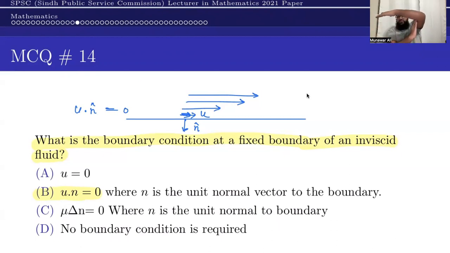So these are orthogonal, so u dot n is going to be equal to 0. So this is option B. This is really a technical MCQ. If you know a little bit of fluid, you can understand this. Otherwise, maybe it's a bit technical. But these are taught when you study the basic PDEs; sometimes you study these things as well.